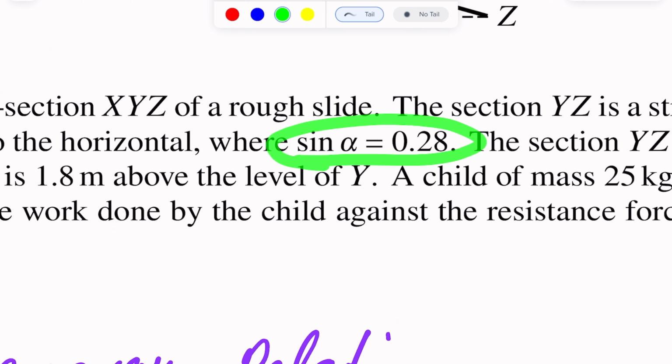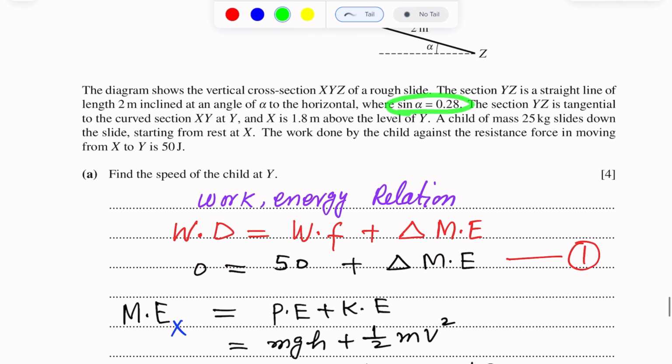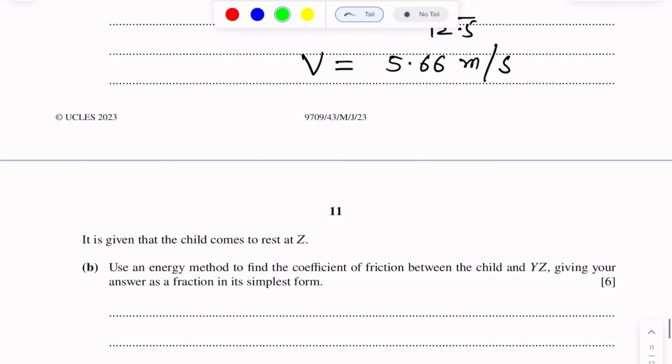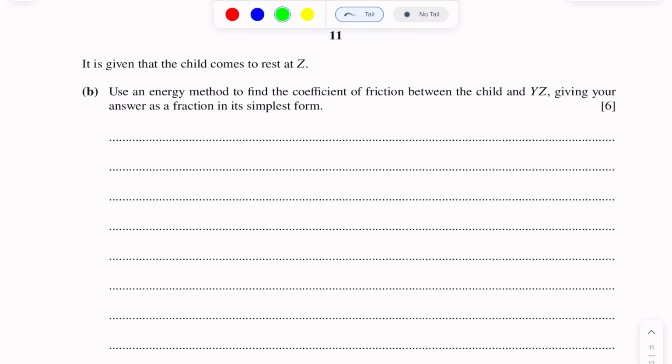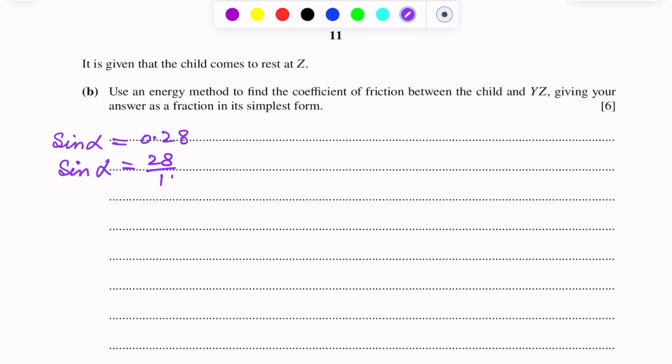So we can find the value of cos alpha by making a right angle triangle. Since sine alpha is given, that is 0.28, this means that sine alpha is equal to 28 over 100. Now we make a diagram of a right angle triangle.